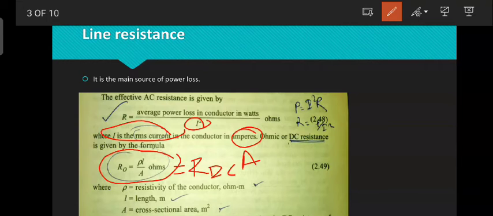Here, what is rho? Rho is the resistivity of the conductor, and its unit is ohm meter, not ohm per meter.